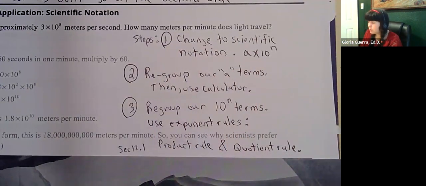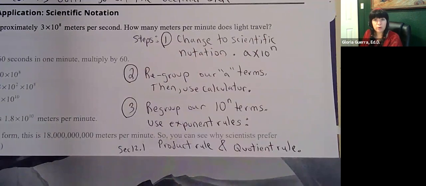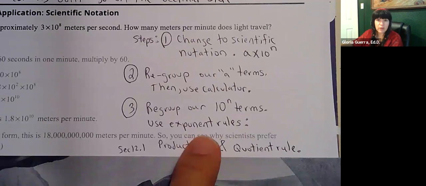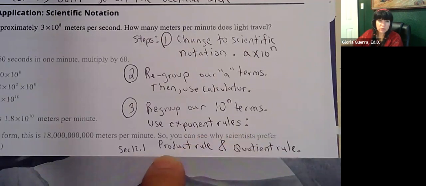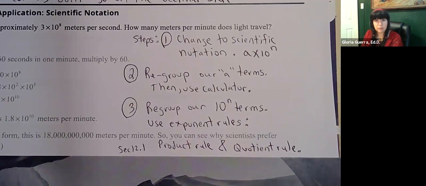And then you want to regroup all your a terms. Then you're going to use your calculator on that. And then you're going to regroup your powers of 10, your 10 to the n terms. And then you're going to use your exponent rules on that. Namely, from section 12.1, you're going to use the product rule and the quotient rule for that. Okay.